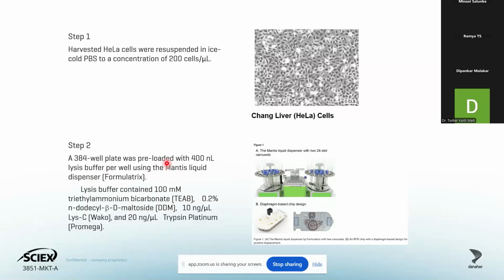And then they use a Mantis liquid dispenser for transferring the sample in the 384-well plate format. And this is the buffer composition they use; the trypsin as well as the lysis buffer is a mix, and that is used for loading the sample.